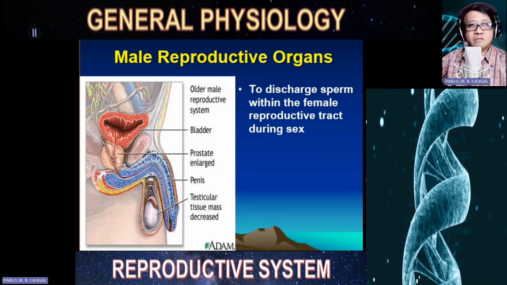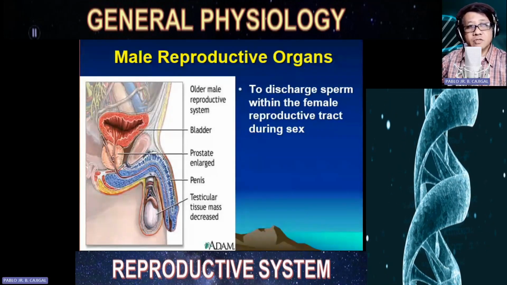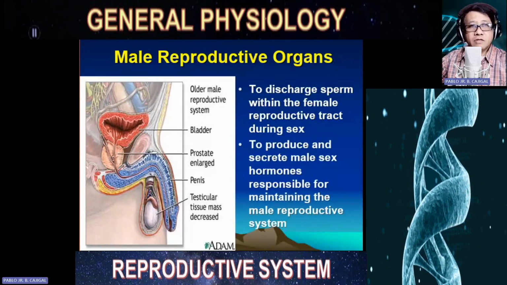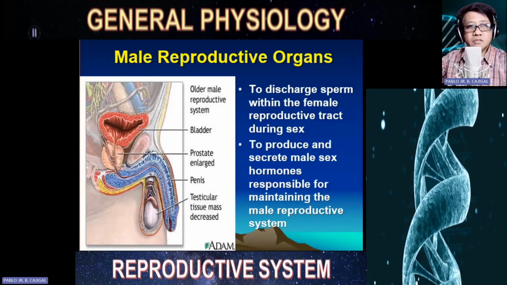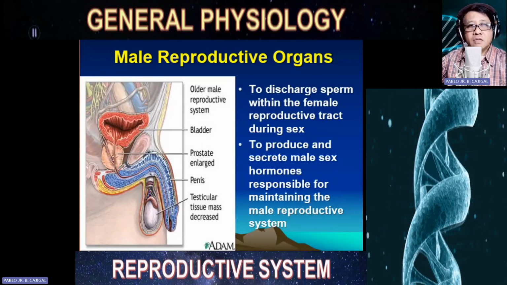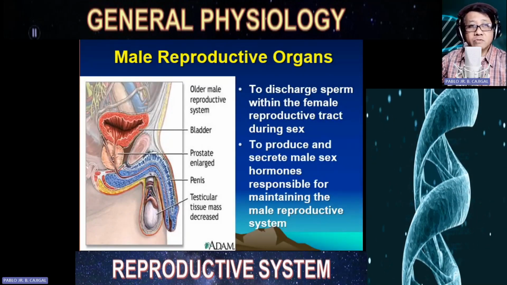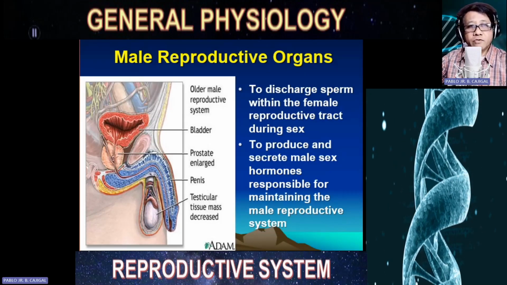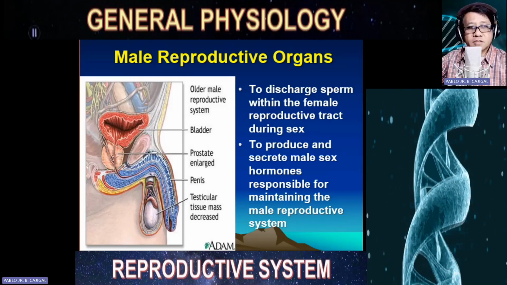So the first function is to produce, maintain, and transport sperm. I guess that's obvious, to discharge the sperm during sexual activity. Number three, the function of the male reproductive organs is to produce and secrete the male sex hormones like testosterone, responsible for maintaining the male reproductive system.